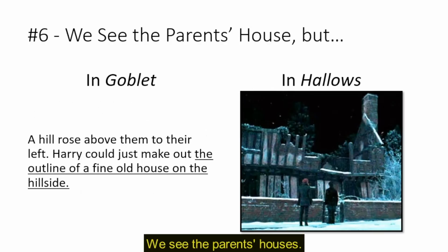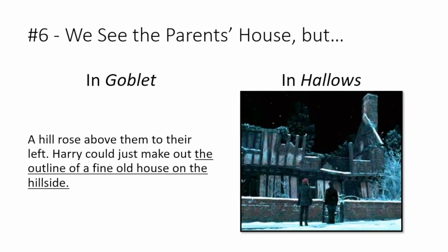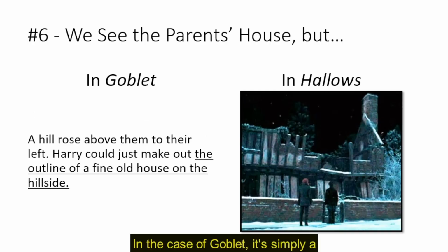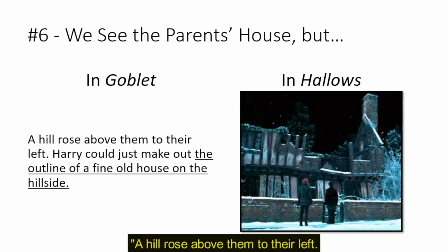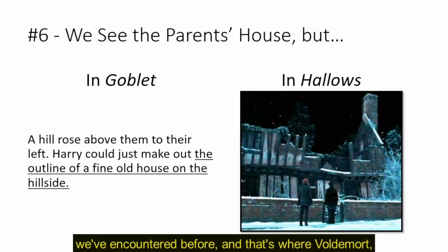We see the parents' houses. In the case of Goblet, it's simply a short remark. A hill rose above them to their left. Harry could make out the outline of a fine old house on the hillside. That, of course, is the Riddle house that we've encountered before.